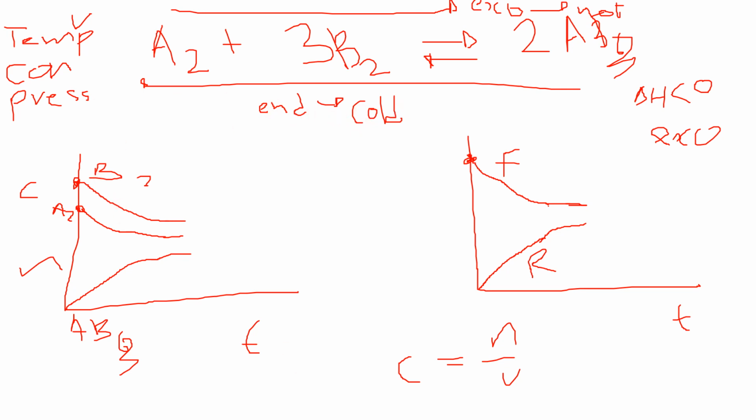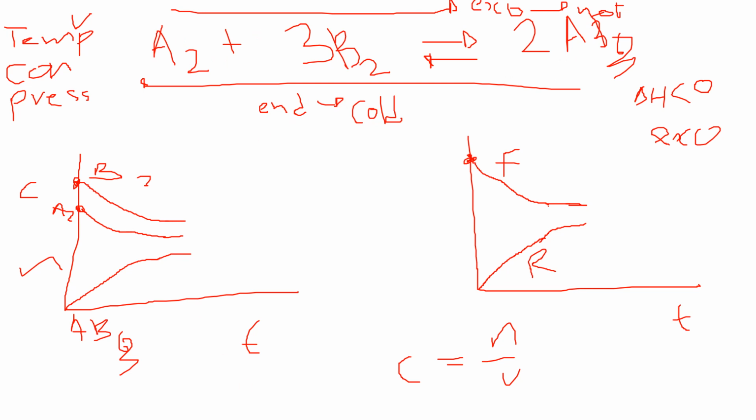So what will happen to our graph? Remember, when you increase the temperature, you are not increasing a concentration or a number of moles of anything, but you are increasing the temperature. This will favor the reaction that decreases the temperature, which is the reverse reaction. When you favor the reverse reaction, your product here will be used up, and this one will be formed.